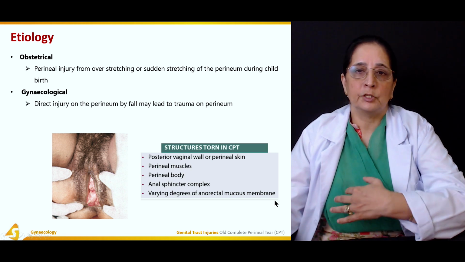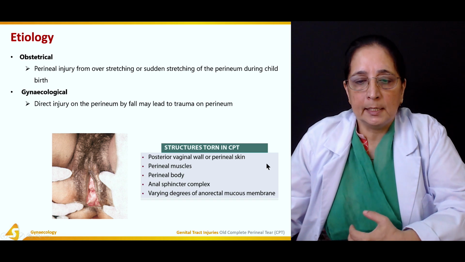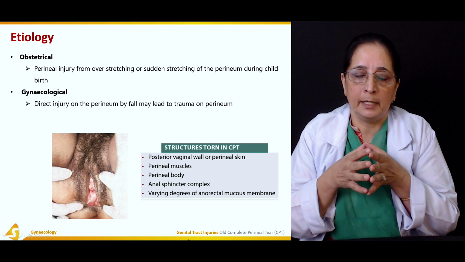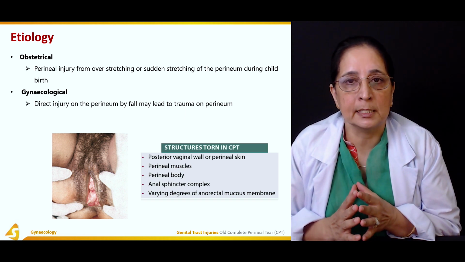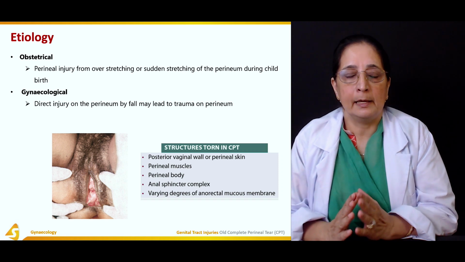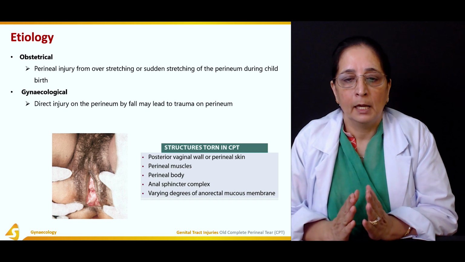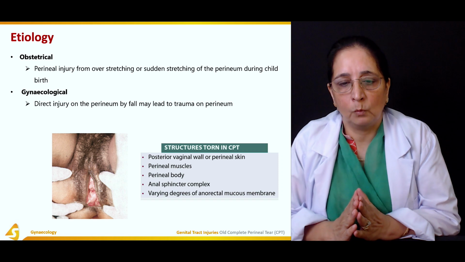So all these are the structures that are involved in the perineal tear. So these are the structures from starting inward to the outward. So first anorectal mucous membrane, then anal sphincter complex, perineal body, perineal muscle, and posterior vaginal wall.